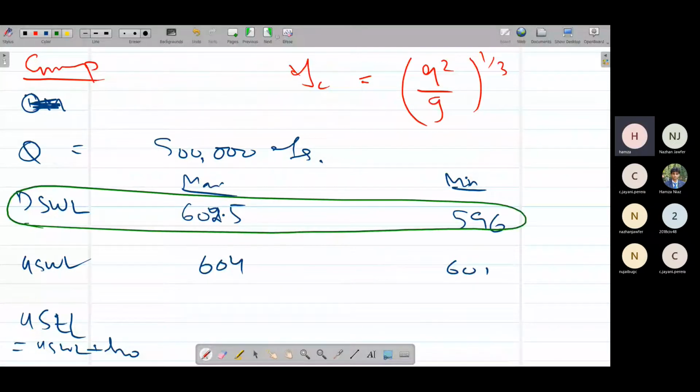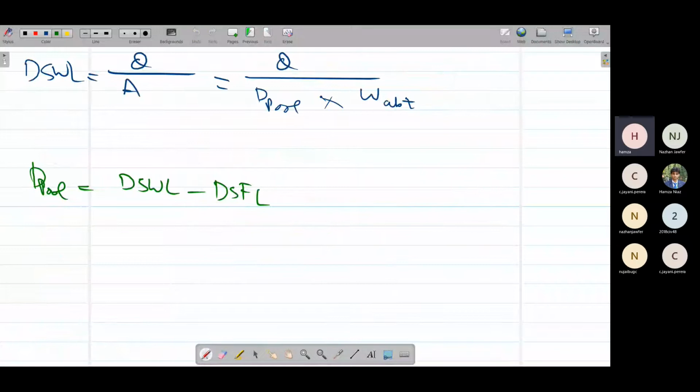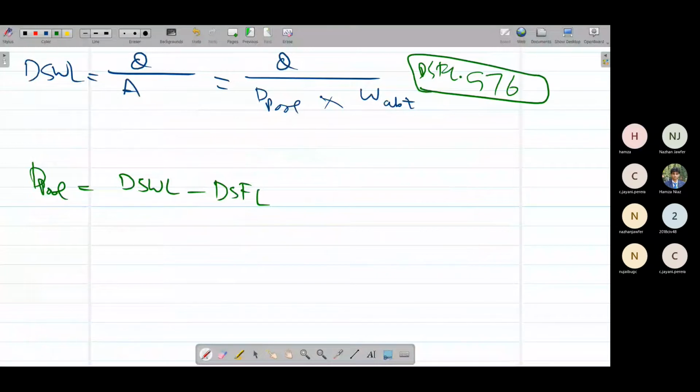We have to subtract the flow level from this, and the flow level we have calculated from the Blanche method. From Blanche method, it was approximately 576 downstream flow level. We calculated from this. We are now checking this flow level. So simply subtract them, and we get the downstream pool level.